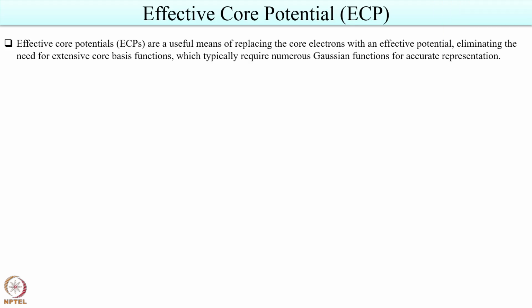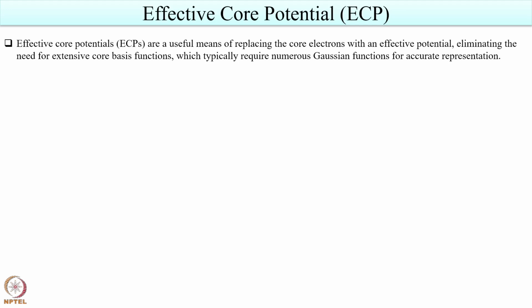So, effective core potentials are a meaningful way of replacing the core electrons with an effective potential, eliminating the need for extensive core basis functions, which typically require numerous Gaussian functions for accurate representation. Remember the basis set 6-31G or 6-311G. To reproduce the core orbital, we have put 6 Gaussian functions.